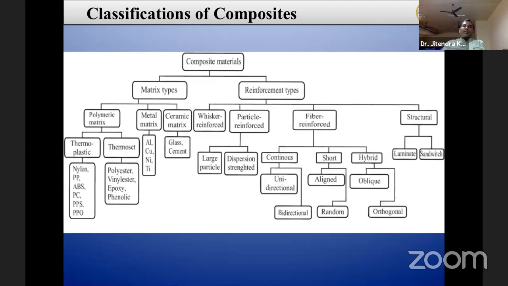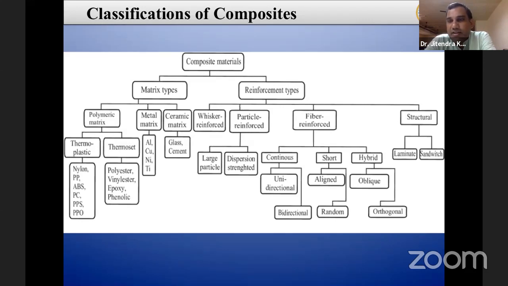So moving to the classification. As I told you, there are basically two types of composite material. Either you can classify based on the matrix, or you can classify based on the reinforcement that is added. Based on the matrix type, there are three types: polymer matrix, metal matrix, and ceramic matrix.